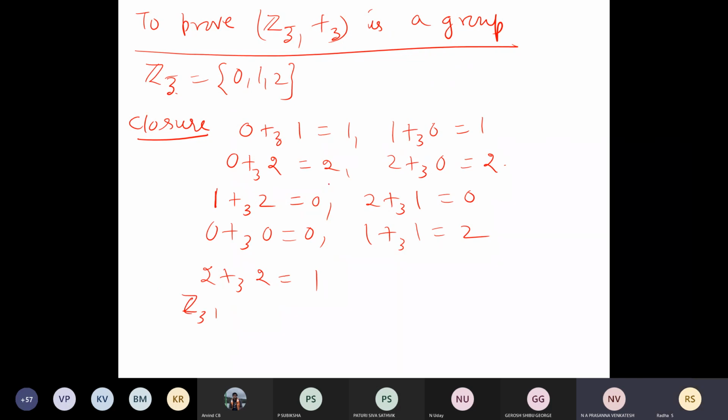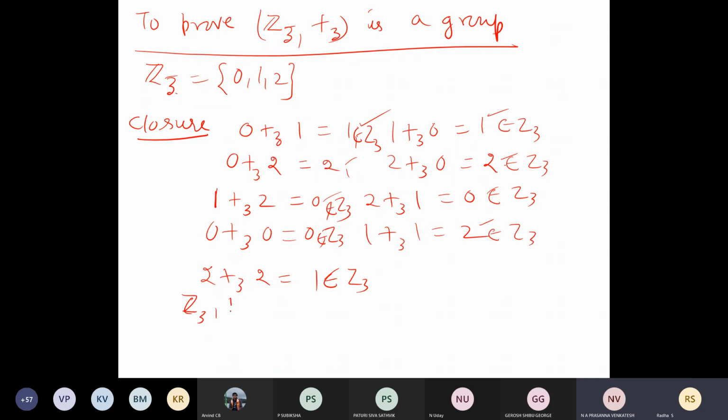How do I say it is closed? Because all the resultant elements, whatever you are getting, are all elements of Z3 only. Every time you can write belongs to Z3. Belongs to Z3, belongs to Z3, belongs to Z3.